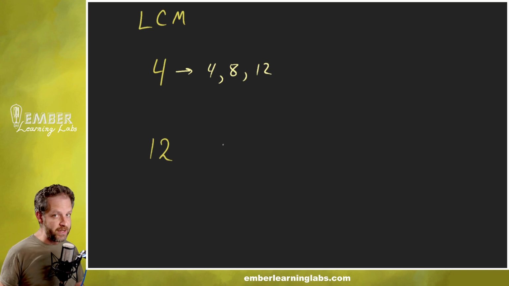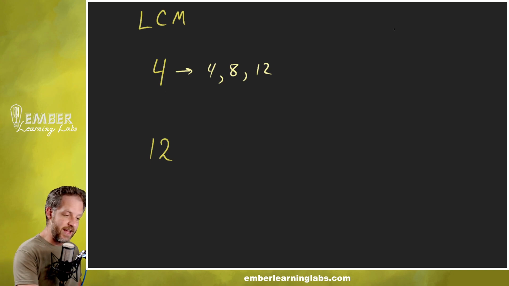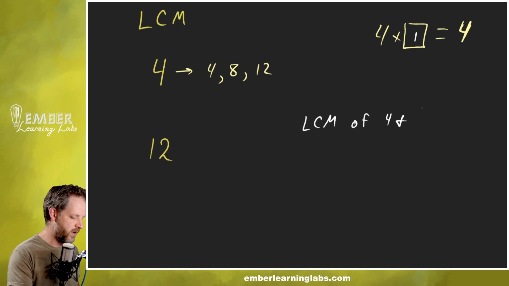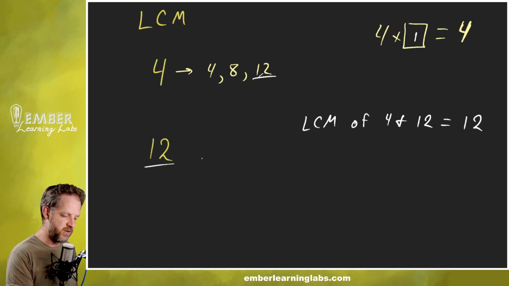The number itself is a multiple, because if we want to do 4 times something and get 4, we can do that. What times 4 equals 4? Well, 1, of course. So the number itself is a multiple of itself. So the LCM of 4 and 12 is 12, because that's what's in common between the two numbers.